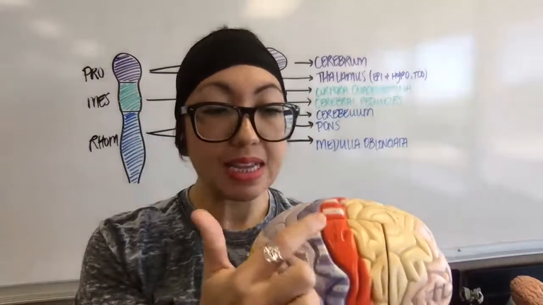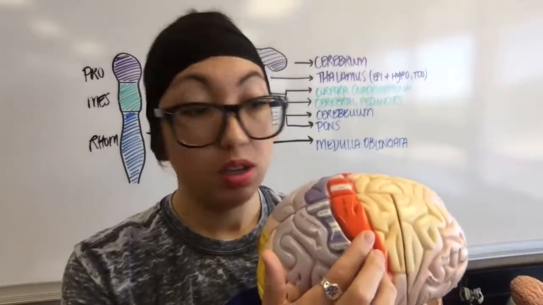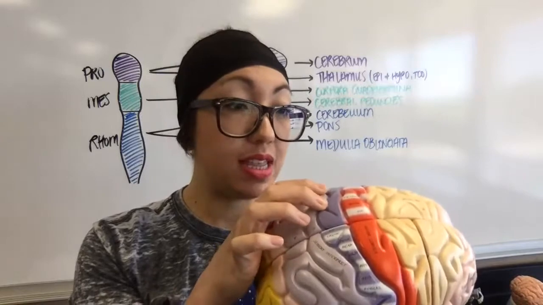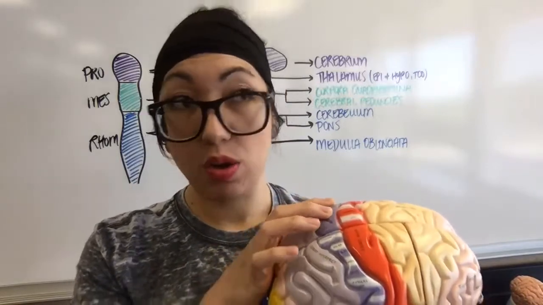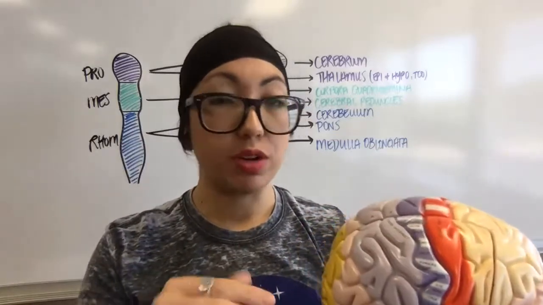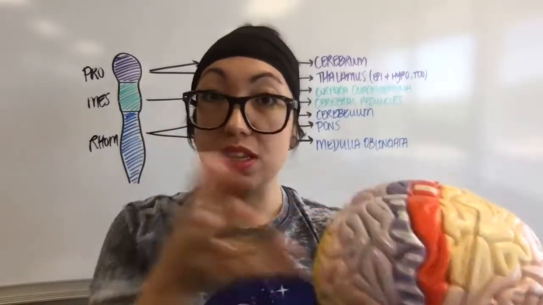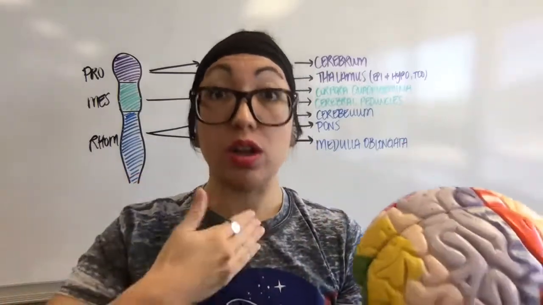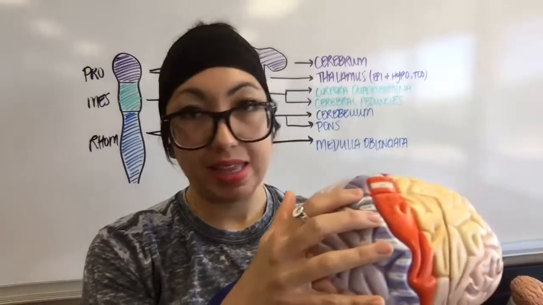So that precentral gyrus is the motor cortex. The post-central gyrus is the sensory cortex. Going back to what we talked about with motor function and sensory function, motor function is going to cause a movement. Sensory information is going to come from somewhere and then come into us, if you want to think of it like that.